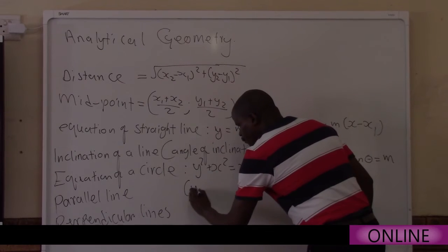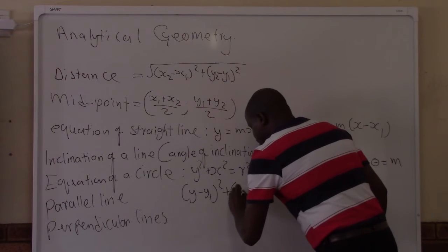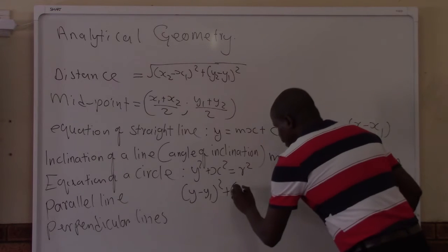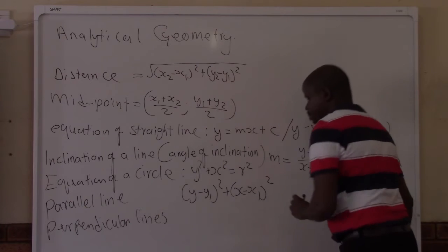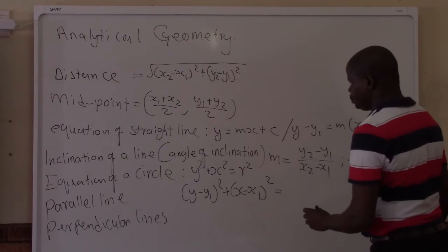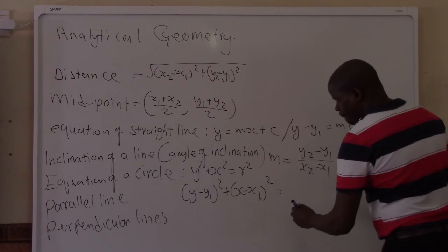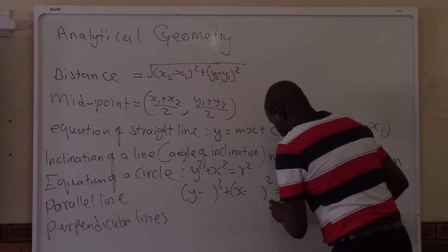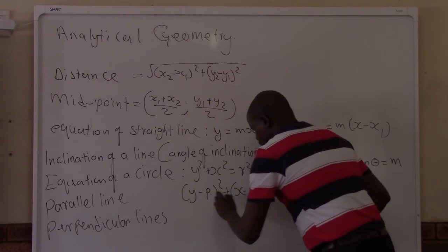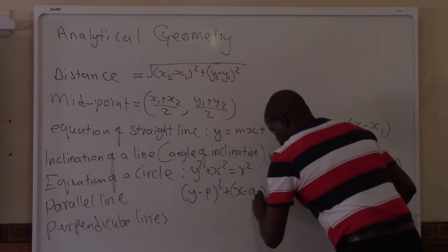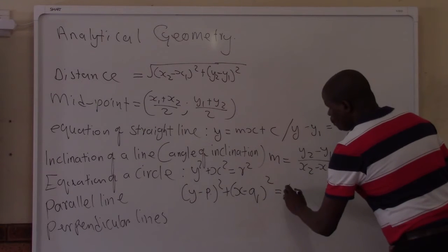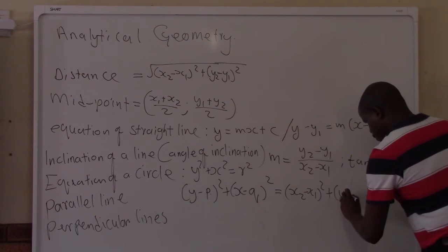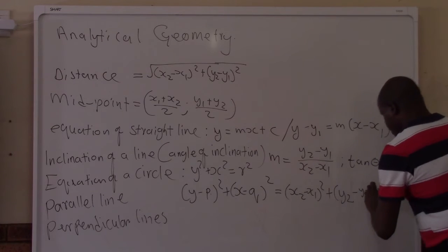Or else we have y minus y1 squared plus x minus x1 squared is equal to, and then now this one, PQ, and then here we can have the x squared, x1 squared, y2, y1 squared.